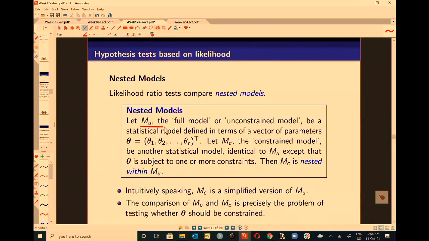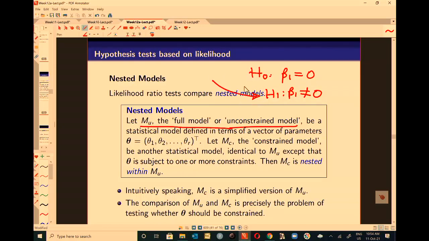MU is the full model or unconstrained model, and this here is the constrained model. So be careful when I say things like that and this. And that's my full model.